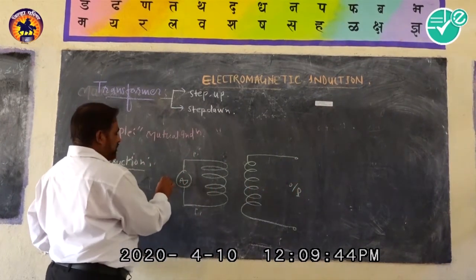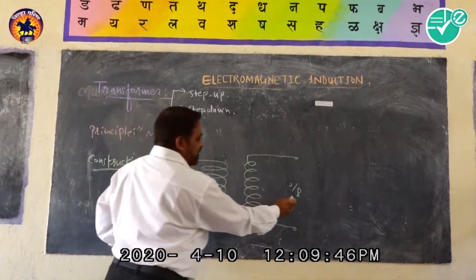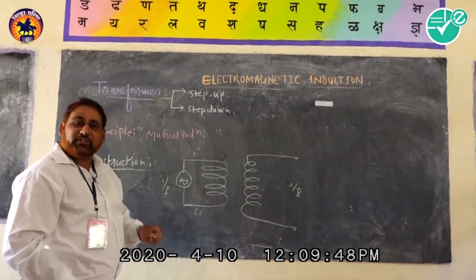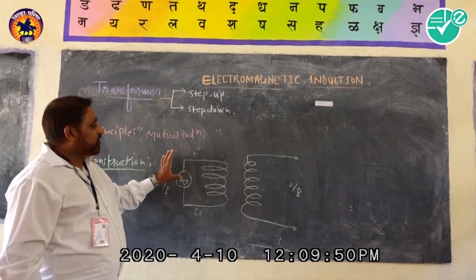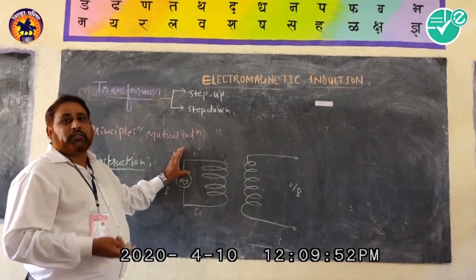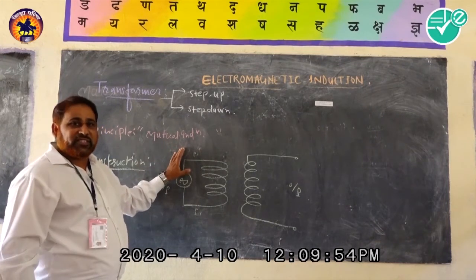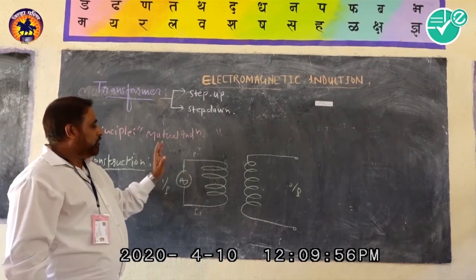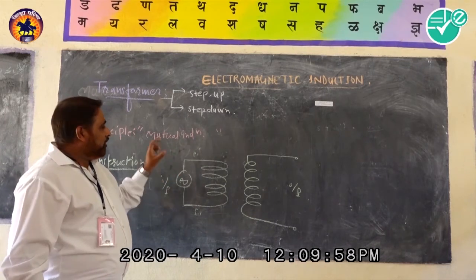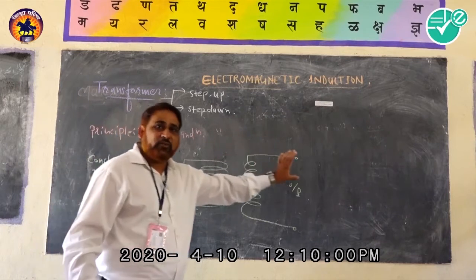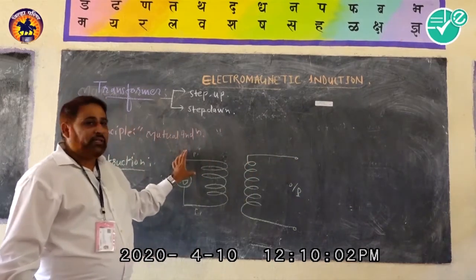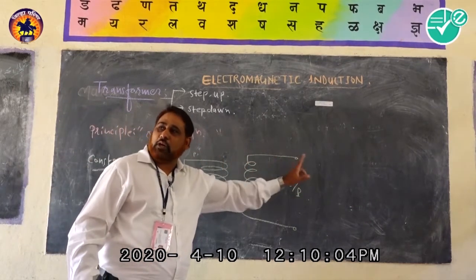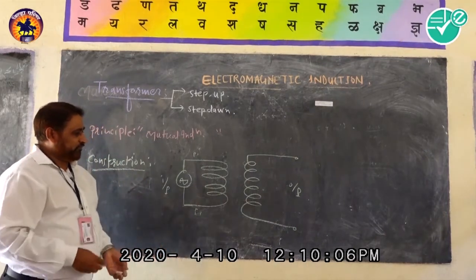Why are we using the transformer? We are using the transformer just to change the voltage in different stages according to our purpose. Means from AC to AC only, plus high voltage to low voltage and low voltage to high voltage. In this way the transformer works.